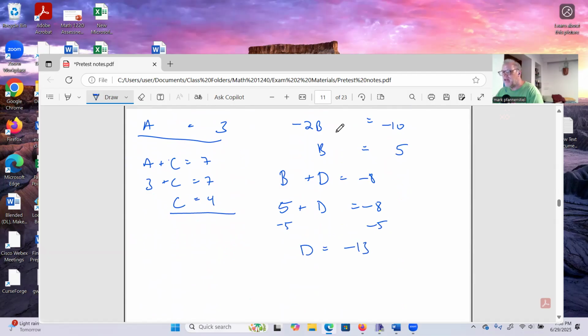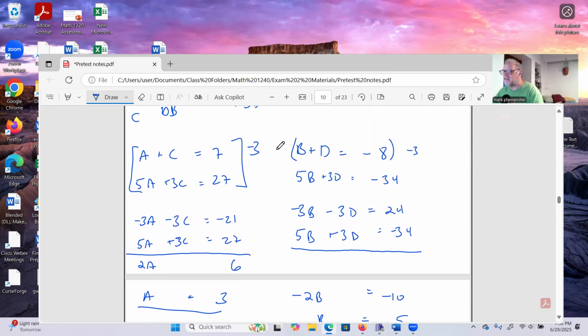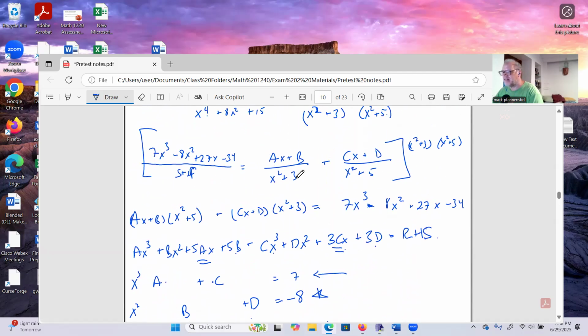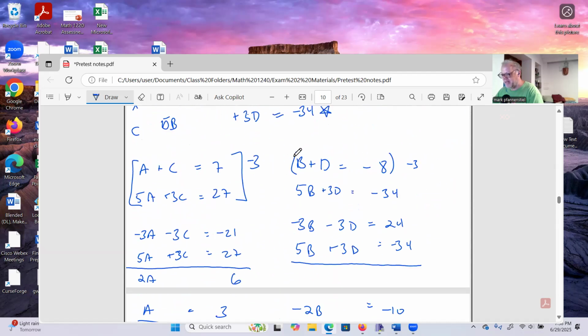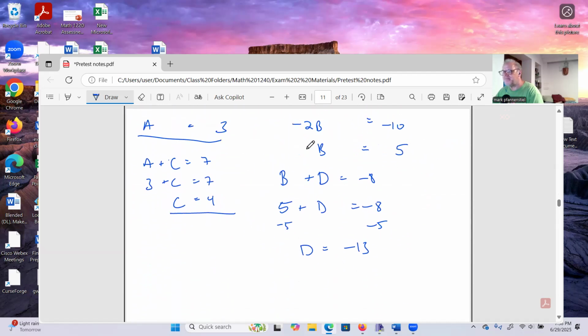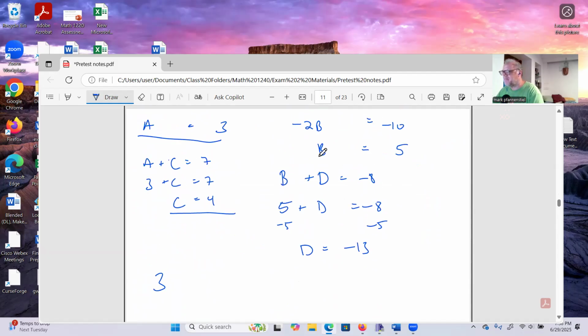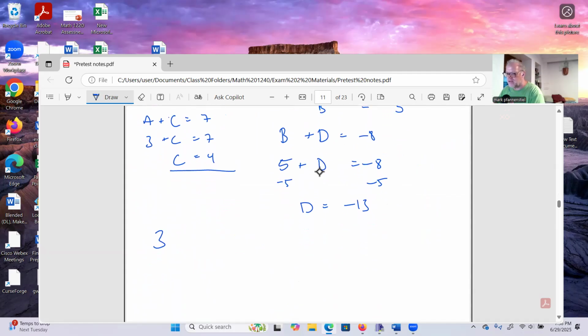Okay, great. So my partial fractions here are going to be, let's go all the way back up here. How did I set this up? I have ax plus b. So we have 3, and what was my b? B was equal to 5, so we have 3x plus 5 divided by, and I think that was x squared plus 3.